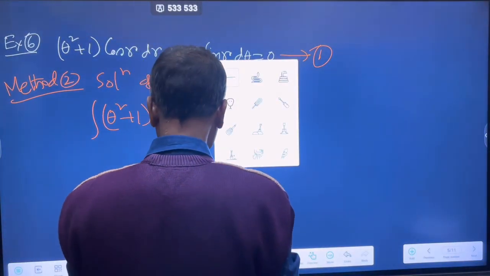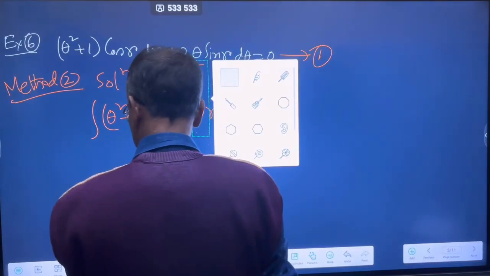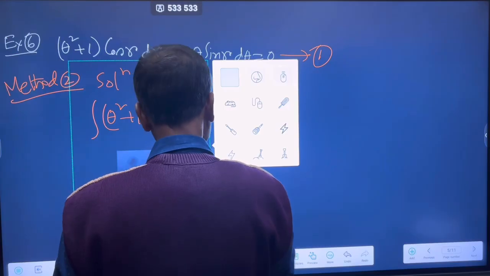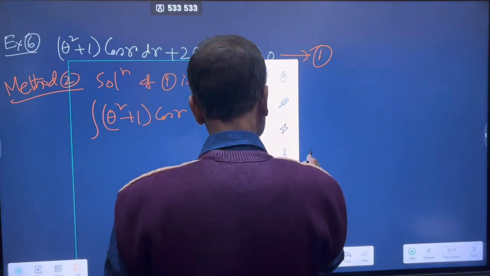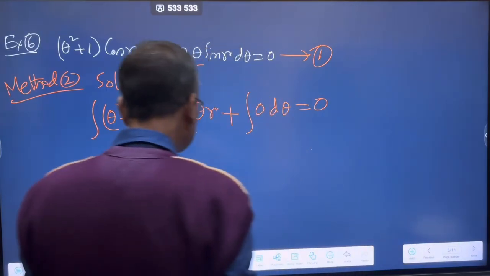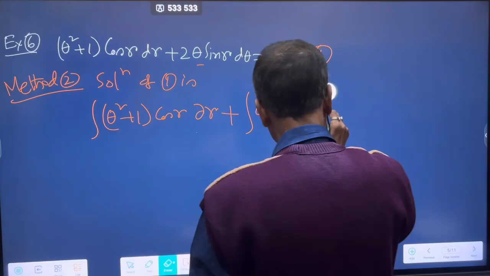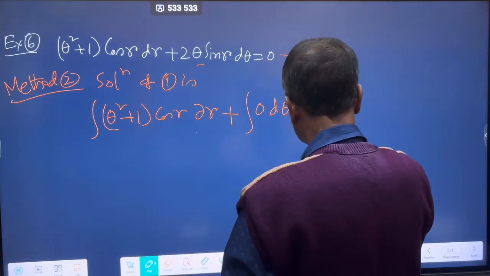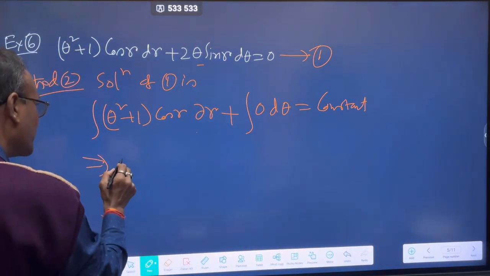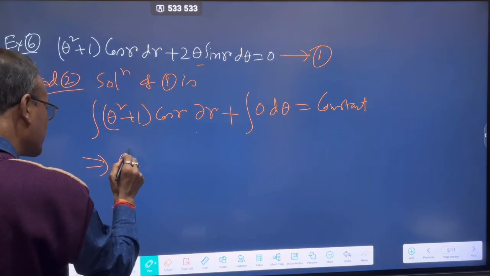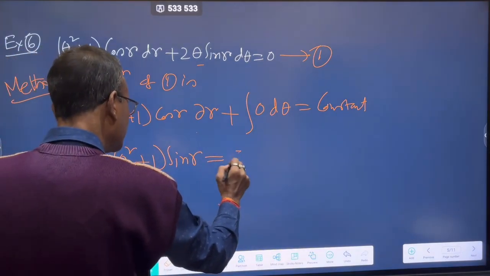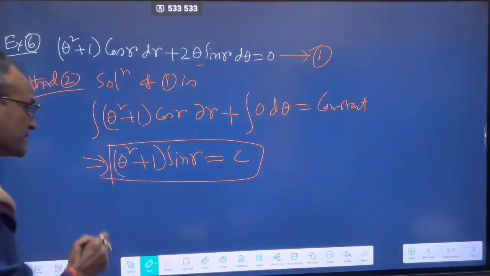No such term is there, so the integral of 0 dθ equals a constant. This means, with respect to r, taking θ as constant, (θ² + 1) sin r equals C. This is the solution of the differential equation.